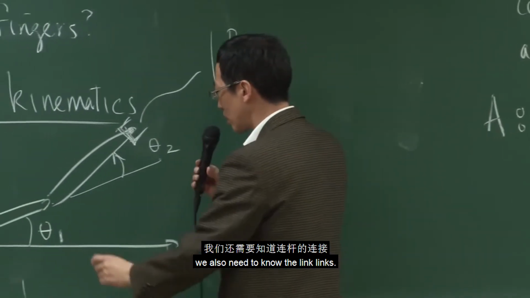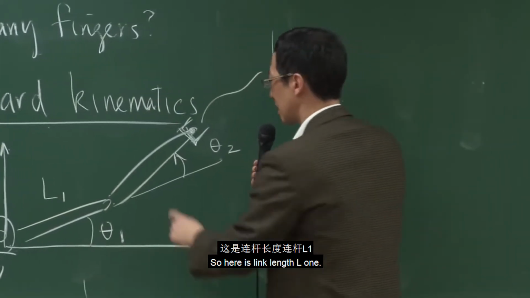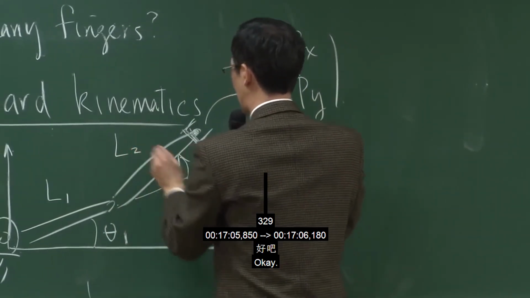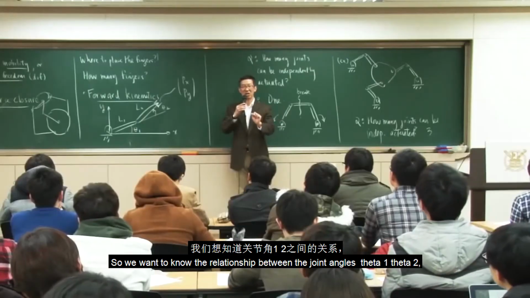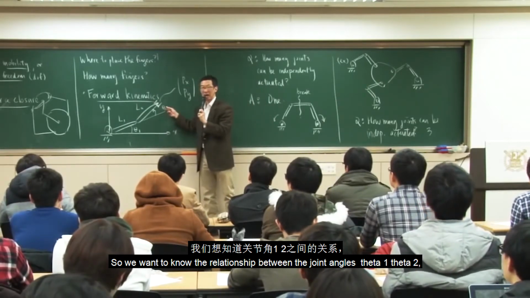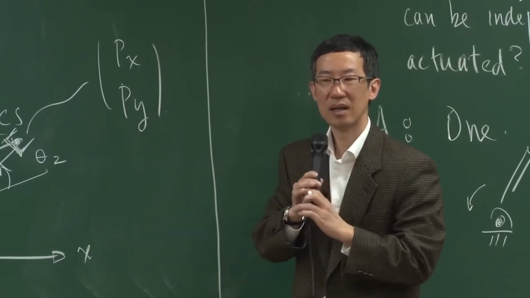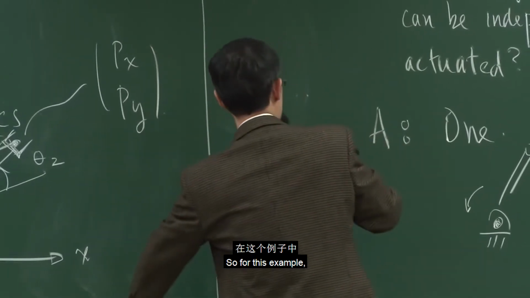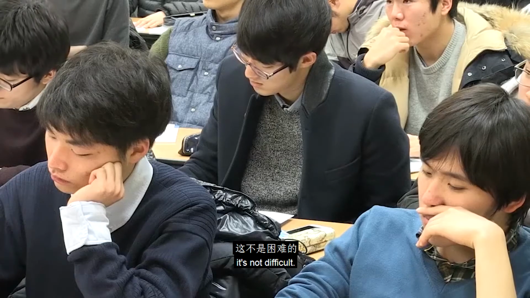We also need to know the link lengths. So here's link length L1, and this is link length L2. We want to know the relationship between the joint angles theta 1, theta 2, and the hand coordinates Px, Py. For this example, it's not difficult.